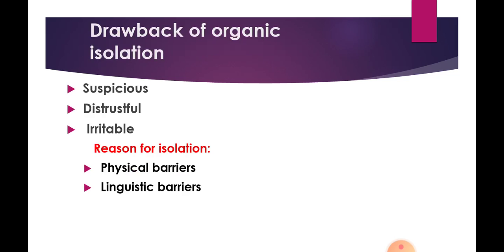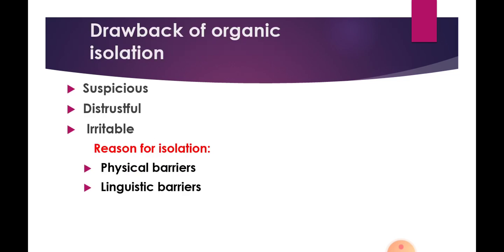Second drawback is distrust, meaning untrusting behavior, because when a person is isolated they develop distrustful behavior and do not trust anyone. Third point is irritability. When a person is isolated, they may become irritable.